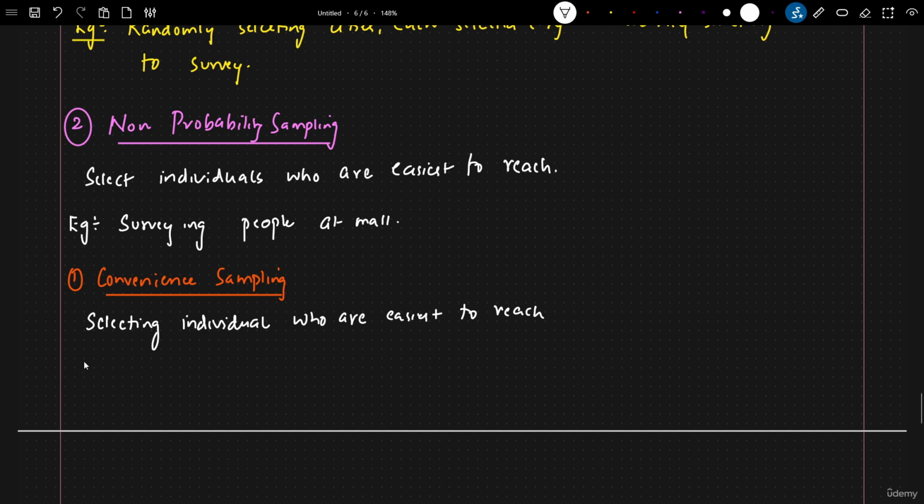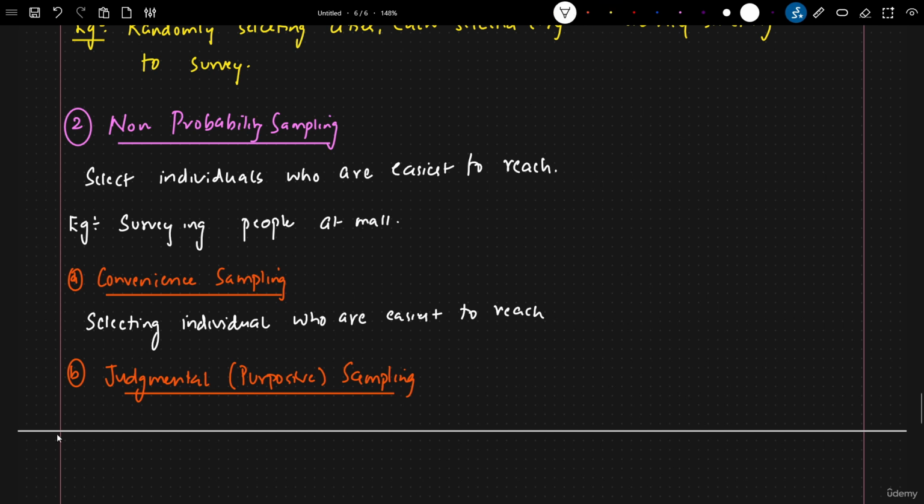The second type that we will be seeing. So this is A, this is B, which is called judgmental or purposive sampling. What is this sampling technique? Let's discuss.